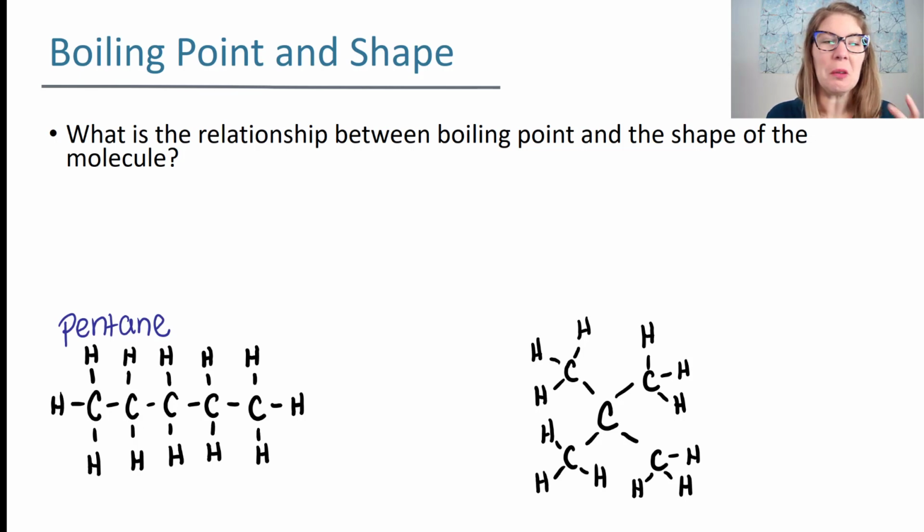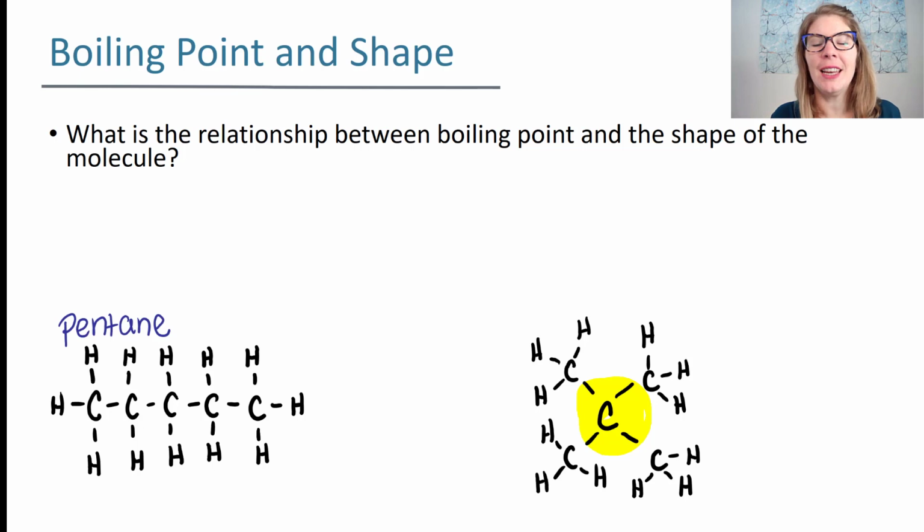Why? Because the structure that is more branched, the one on the right, this carbon in the middle can't really do a whole lot. It can't be a magnet. Whereas when you have your carbons right in a row, there's more opportunities for attraction.